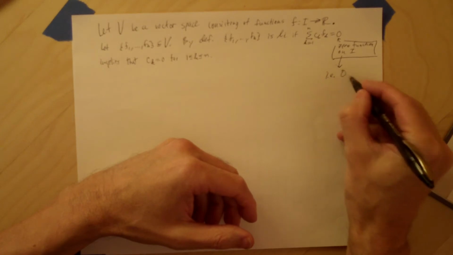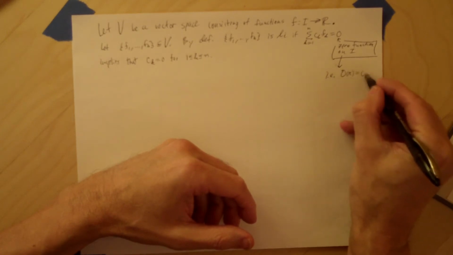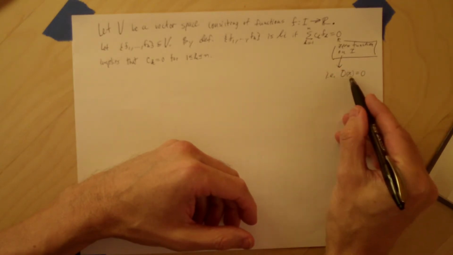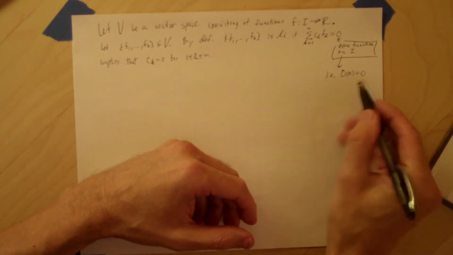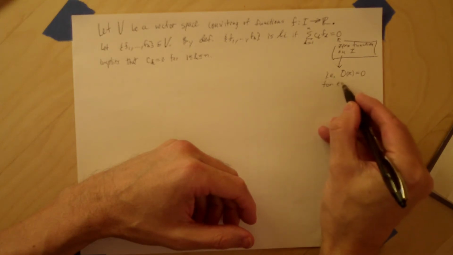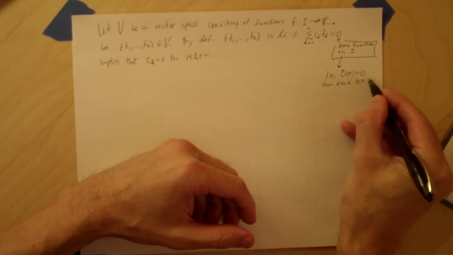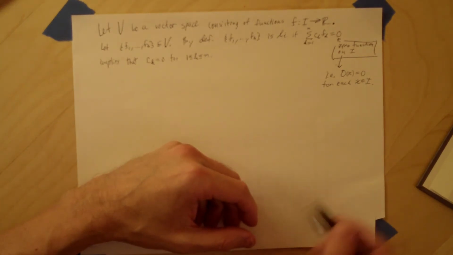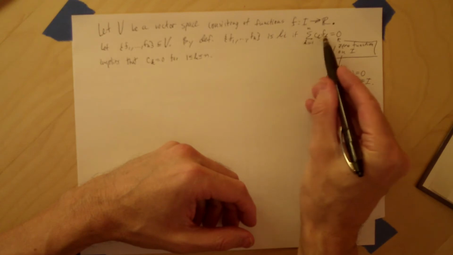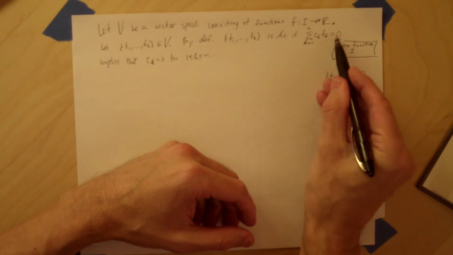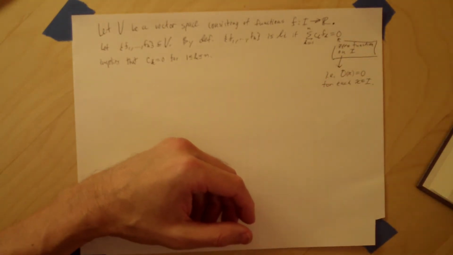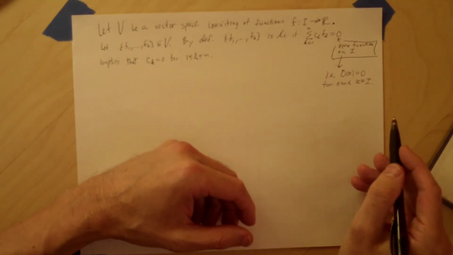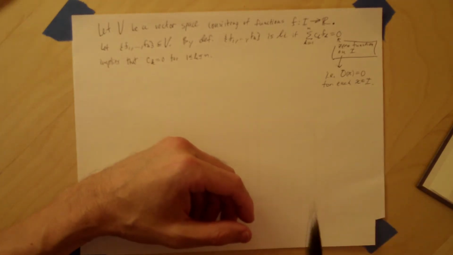That is, the 0 function evaluated at x is equal to the number 0 for each x element of the interval I. So you're summing up a bunch of functions over here, and when you do that, the result will have to be a function again. So the 0, bear in mind again, is representing the 0 function, not the number 0.